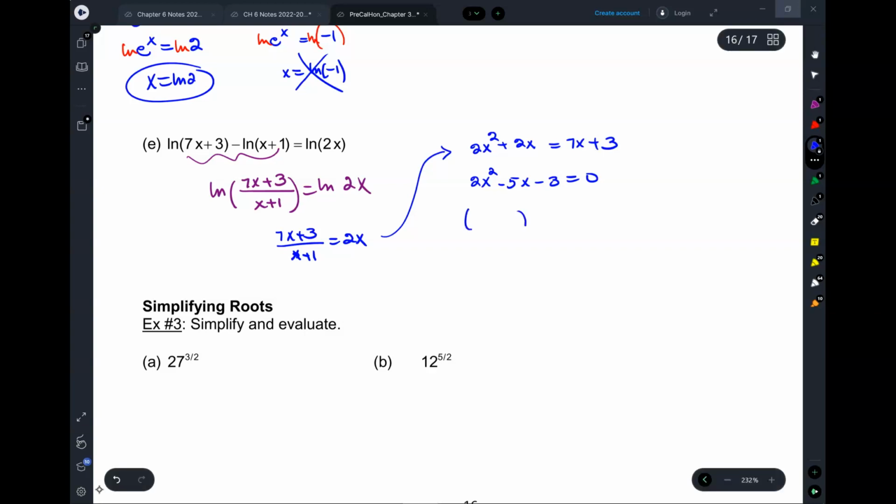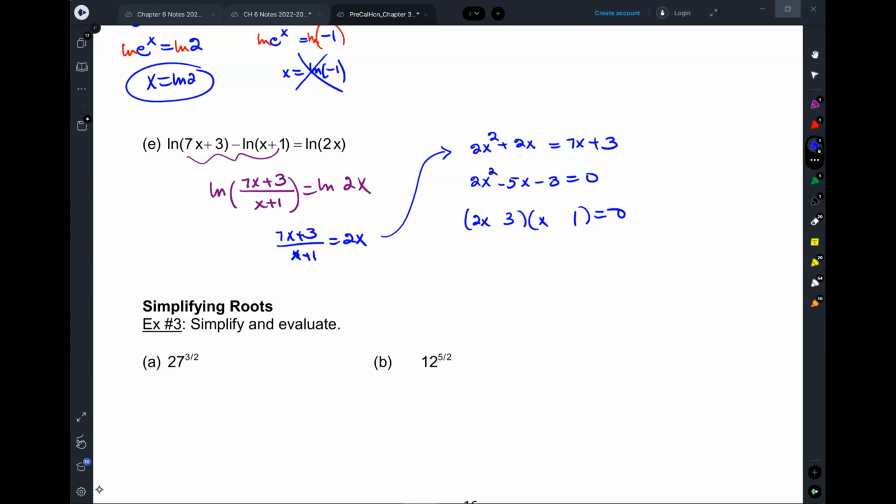Okay, we're going to factor. We're going to do guess and check because we're going up now. Okay, 2x and x. I have a 3 that I can only split up as 1 and 3. So if I try 3 and 1 like this, then I get 2x and 3x, and you think that will work, except it doesn't because the signs don't work out.